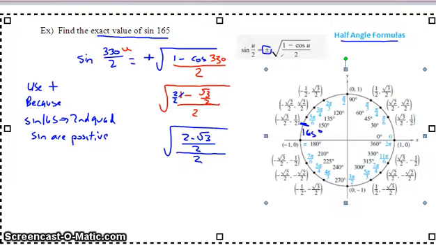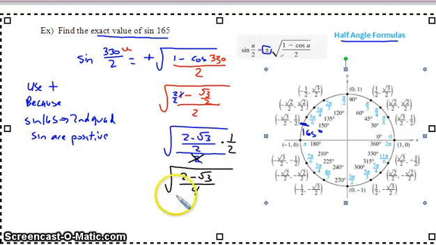From here, the next thing I want to do is deal with the fact that I have a fraction inside of a fraction. So I'm going to get rid of this 2 here. I can't just cross it off, but instead of dividing by 2, I can multiply by the reciprocal, which leaves me with the square root of 2 minus square root of 3 over 2 times 2, which is 4.